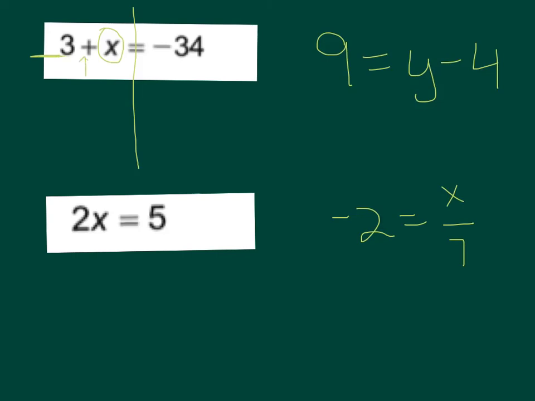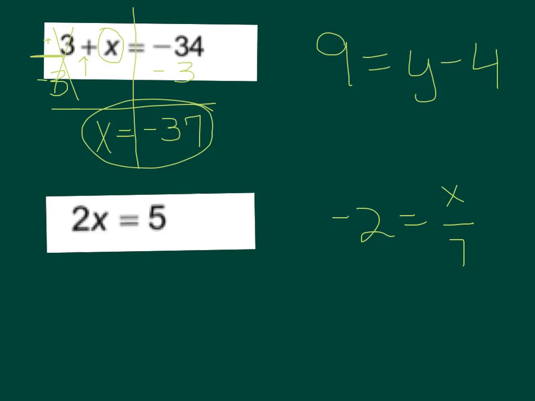So this plus sign has nothing to do with the 3. But there's nothing in front of the 3, so we know it's a plus 3. And how we get rid of a plus 3 is we subtract 3. So I'm going to do the same thing to the other side. Those cancel. We're left with x equals, and then negative 34 minus 3 is negative 37.